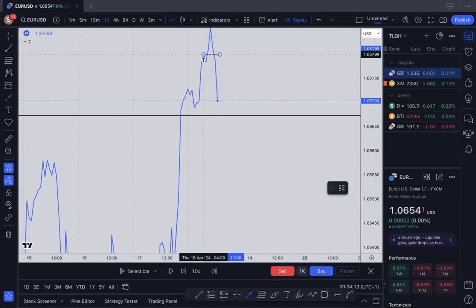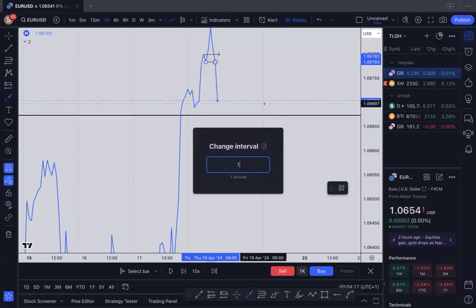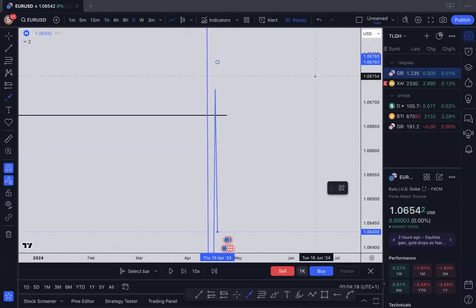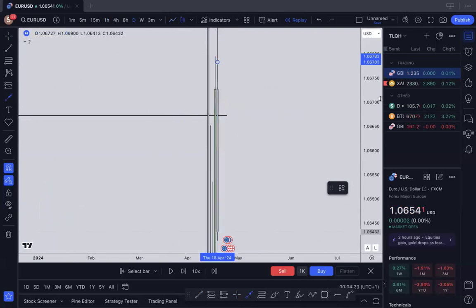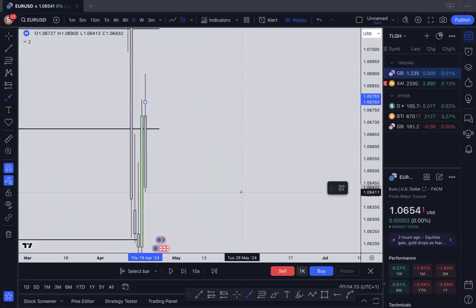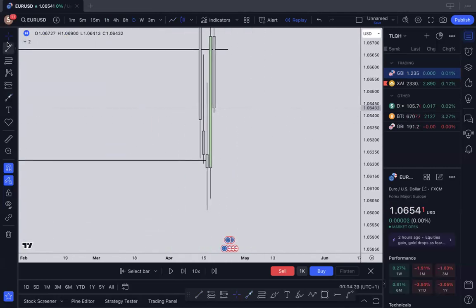And there we go. So we've had that QM right there. So now on the daily, where would we be going? Let's have a look. So on the daily, I would assume that we would achieve either down here or this flip level.